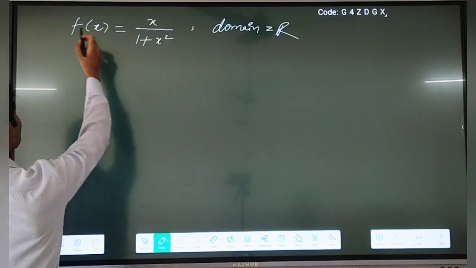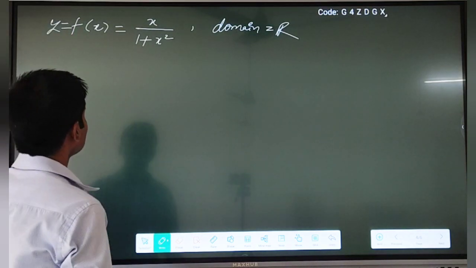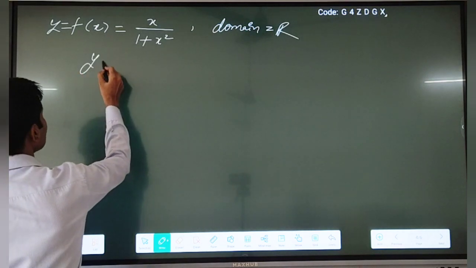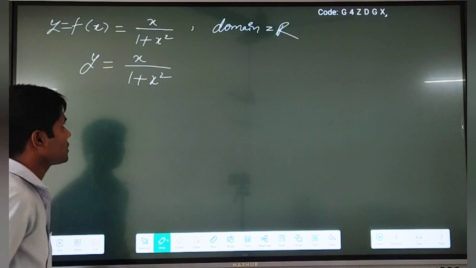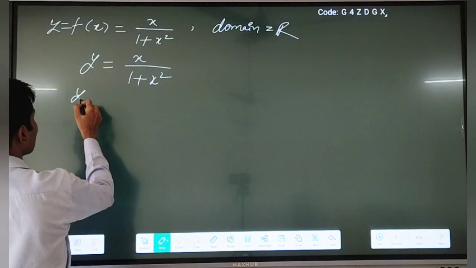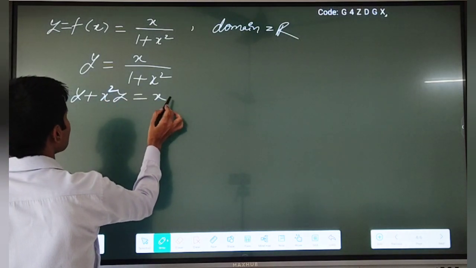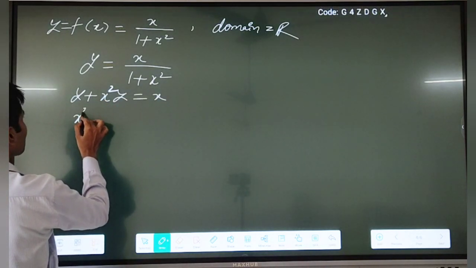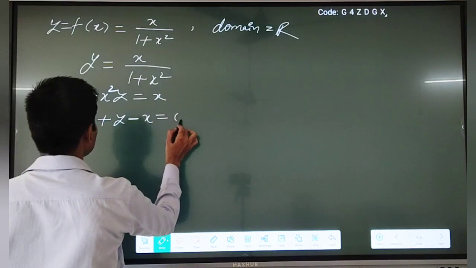So do one thing, whenever you have f(x), you can let y = f(x). So the main question is y equal to x divided by 1 plus x square, okay student. Simplify this one, it will be a multiplication. So y plus x square y is equal to x, or we can write x square y plus y minus x equal to 0.